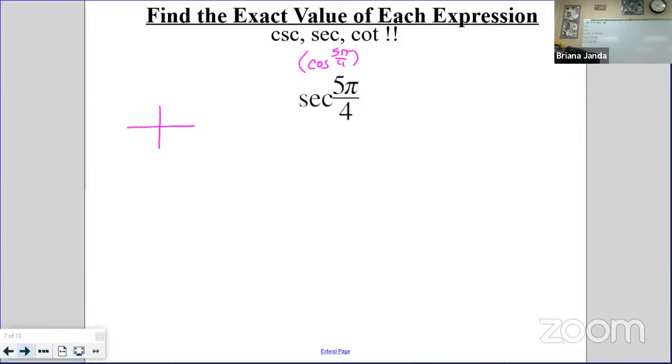But my first part does not change. 4 over 4 would be half a circle, so 5 over 4 would go just past that. I am in quadrant 3. Is my answer to this problem going to be positive or negative? Negative, right? Secant is the reciprocal of cosine. Both of those would be negative in quadrant 3.